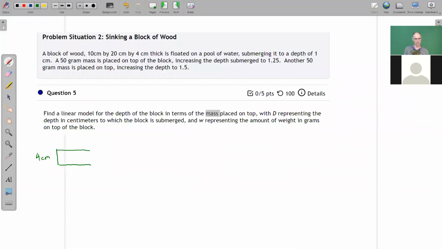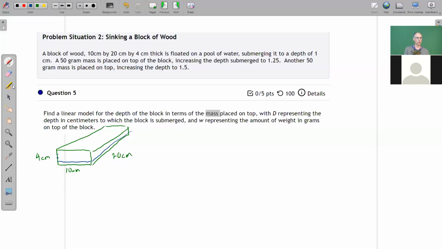So this is the 4 by 10 side, and then it heads back this way, 20 centimeters. So maybe this is what my block looks like roughly. And it is floating, and 1 centimeter is submerged. So if that's 4, 1 centimeter would be about this high. This part of the block is underwater.